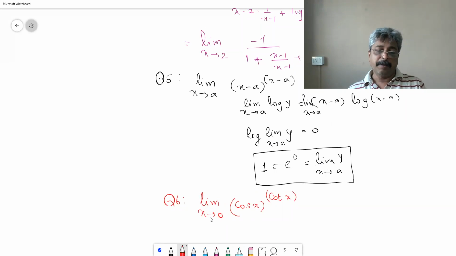Next problem is limit x tends to 0 cos x raised to cot x.